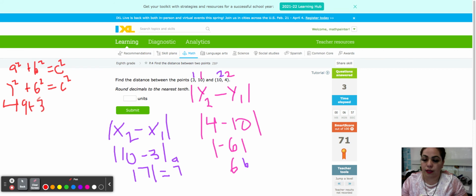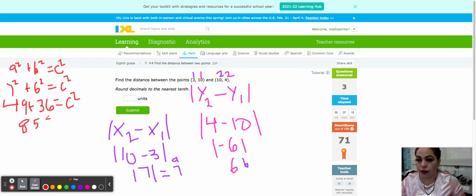And 6 times 6 is 36 equals C squared. 49 plus 36 equals 85. And then we bring down the C squared. So we square root the 85.